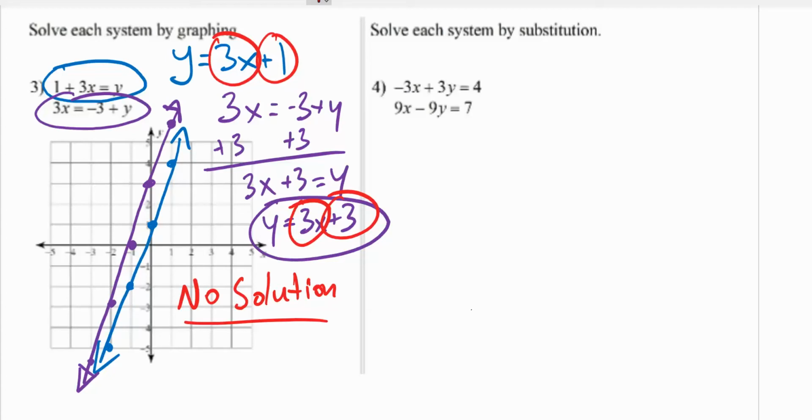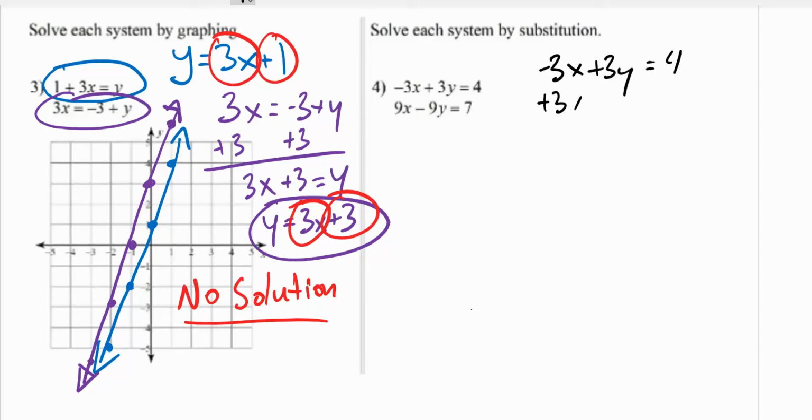This equation, our first step is to solve one of the equations for one of its variables. So we can solve this. Let's solve the top equation for y. So we've got negative 3x plus 3y equals 4.